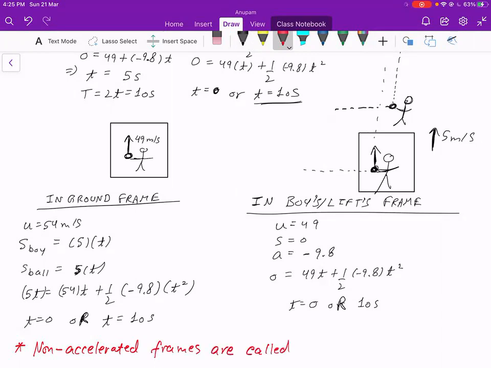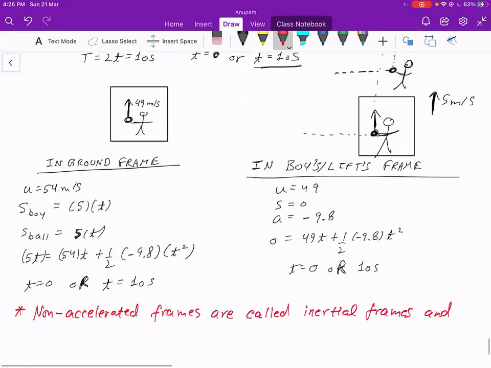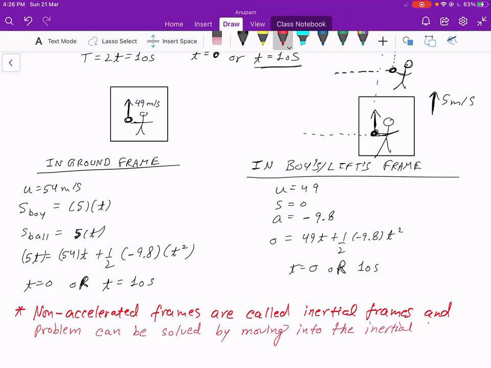We will get into this deeper later. Inertial frames, the problem can be solved by moving into the inertial frame. Are you following? Yes, sir. Without any modification. That is, you don't have to do anything special, just keep it like normal, just like we did here.